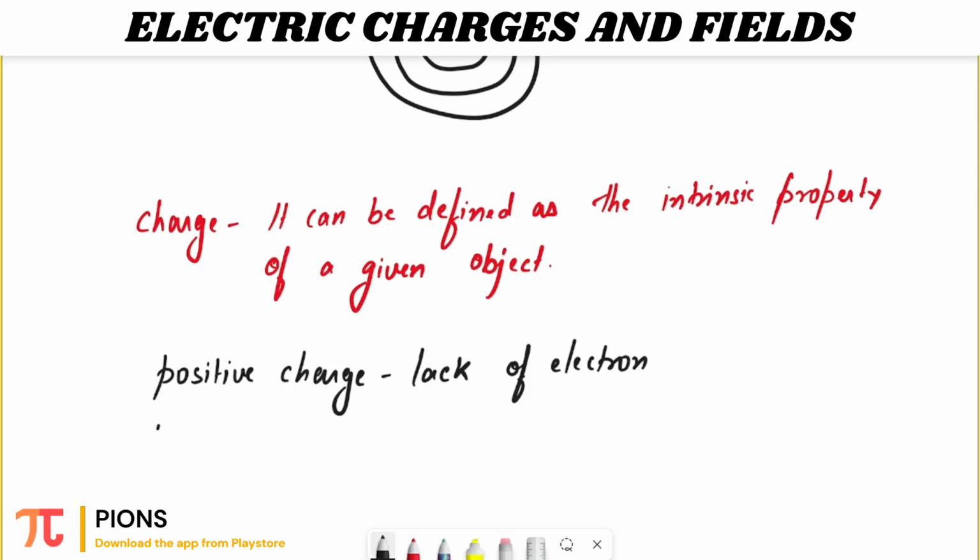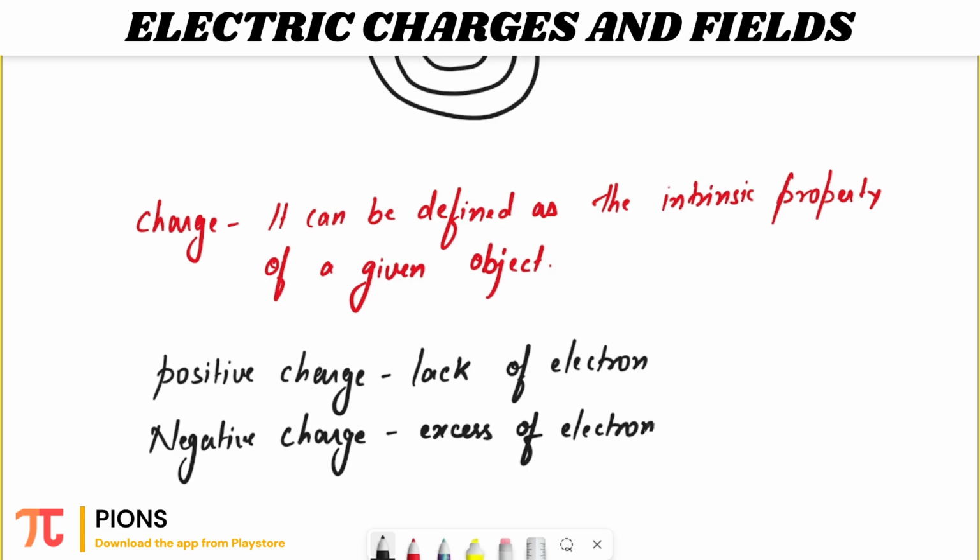Similarly, negative charge is basically excess of electrons. So if any object has a large amount of electrons, we call it negatively charged. If we remove electrons from any system, we call it positively charged because there is a lack of electrons.